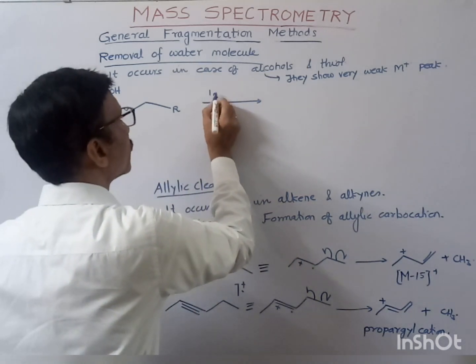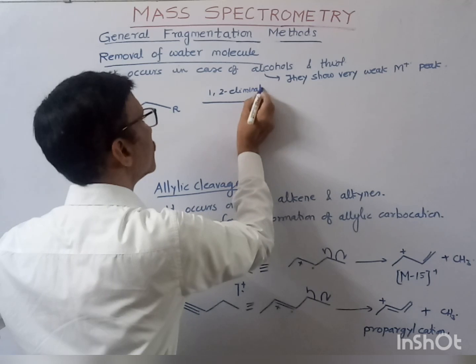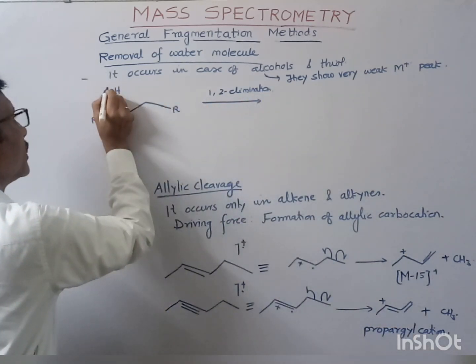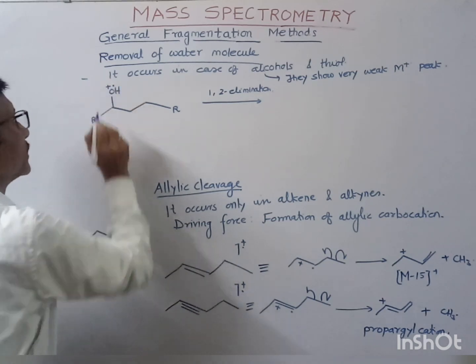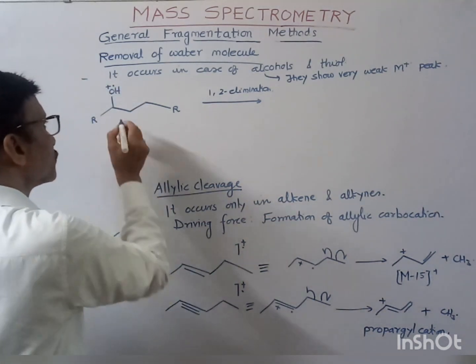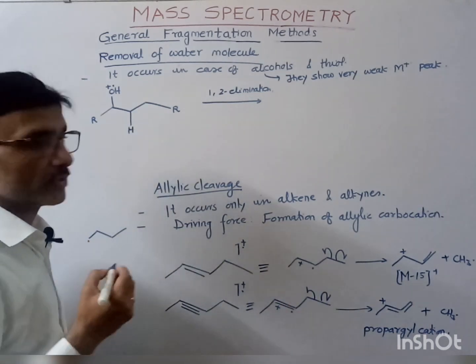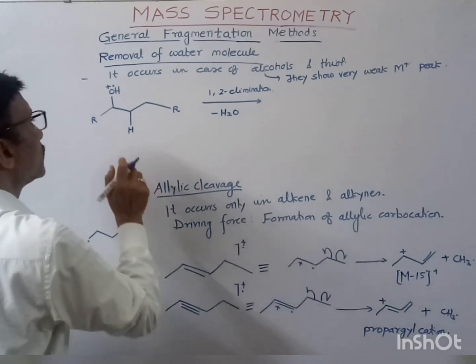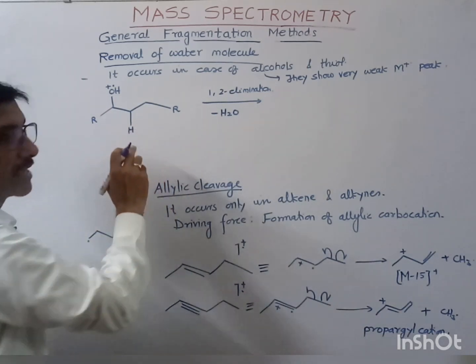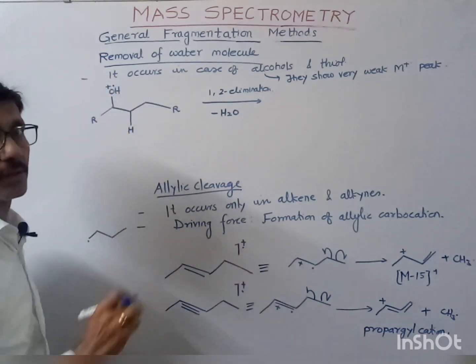So if you want to show the 1-2 elimination, then suppose you have a radical cation, and so 1-2 elimination will take place. This is the hydrogen. We have to remove the water molecule. How can you remove the water molecule? So one of these hydrogen atoms may combine over here, and this will remove.